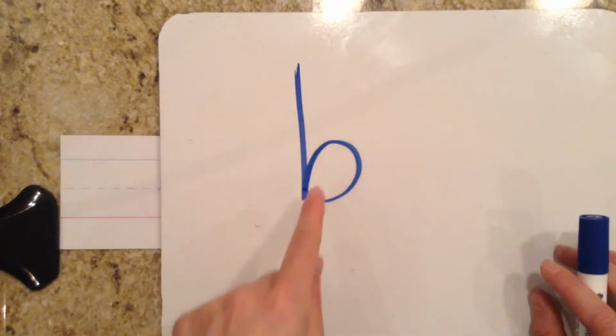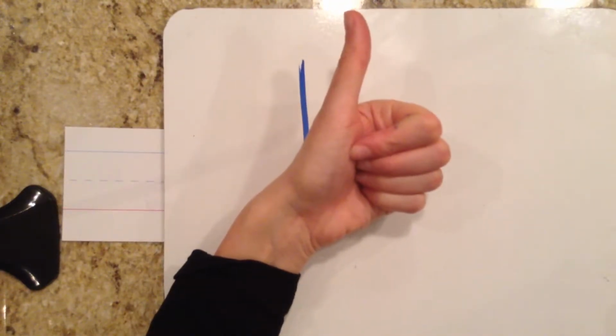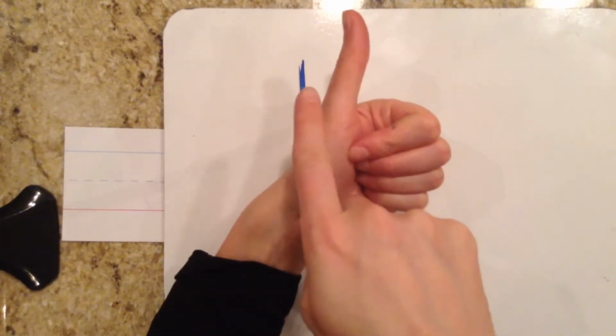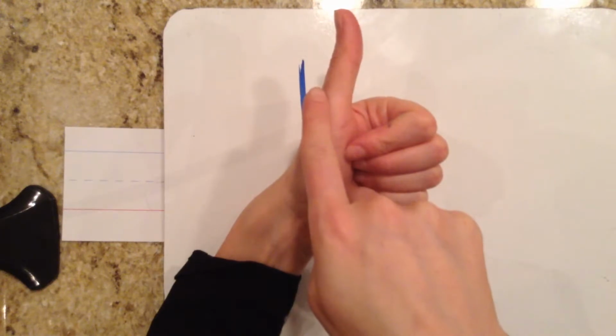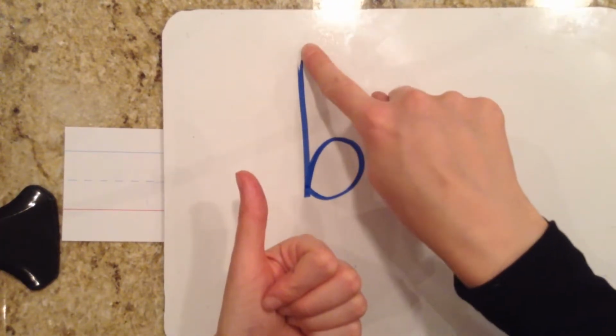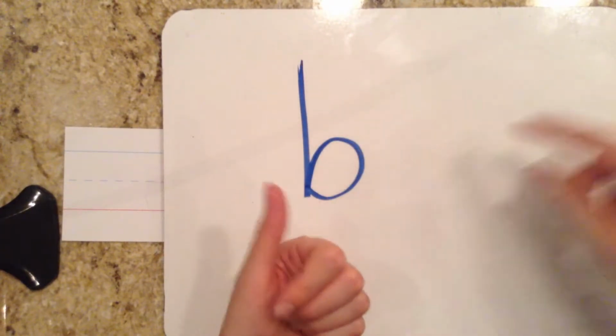Yep, it's the stick part. In fact, if I held my hand out in the B position like this, and then I pretended I was reading a book, yep, I would hit the stick part first. So that means when I print my lowercase b, I should start at the top so that I'm able to make the straight down line or the stick.